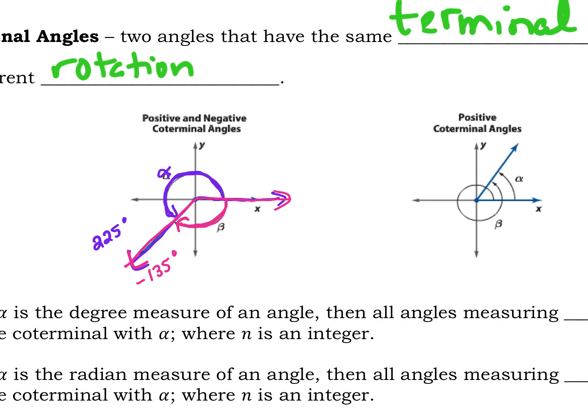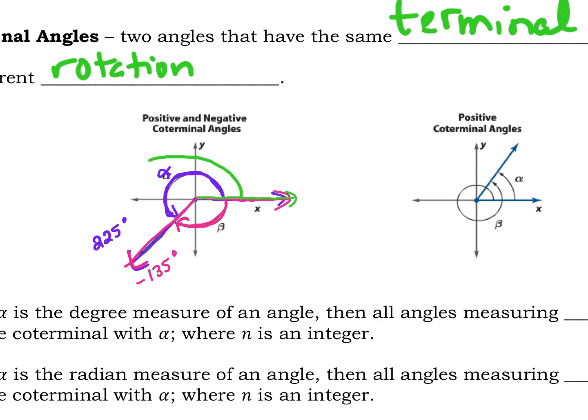Okay? We need to think about what's special or what makes them coterminal. So do me a favor and plug in that negative 135 on your calculator and add 360 and tell me what you get. Negative 135, start with the negative 135, add 360, and what do we get? We get the 225, right? Okay, I want you to think we're going to add one more angle measure on here. Let's call it lambda. We're going to start here at the initial position, is the initial side, standard position.